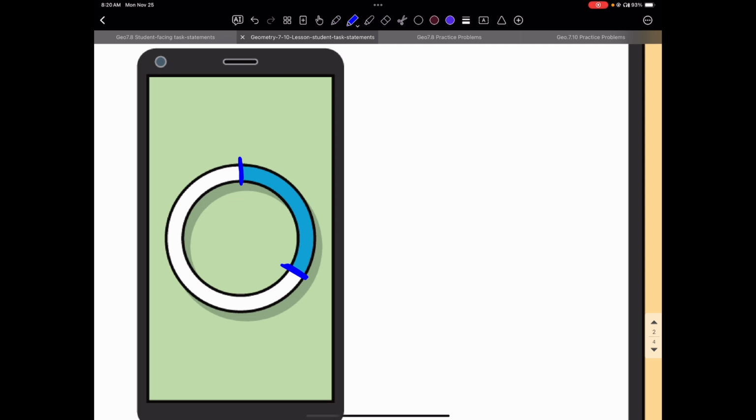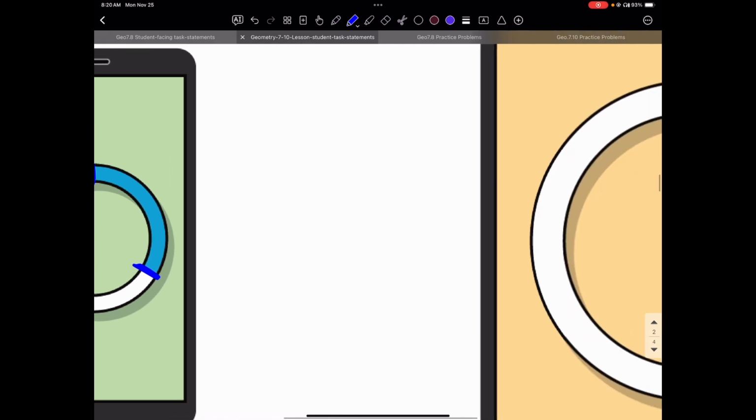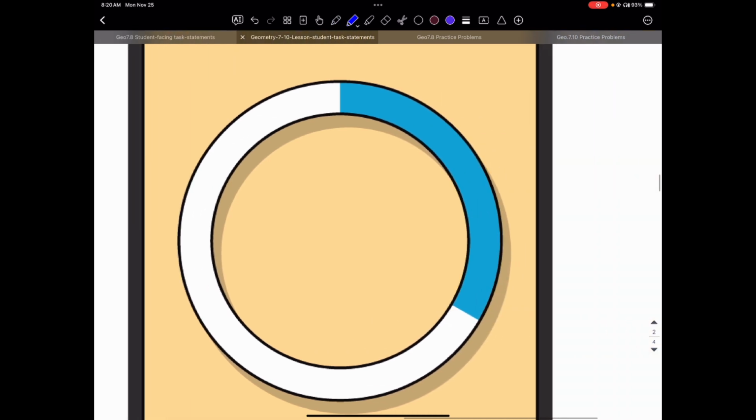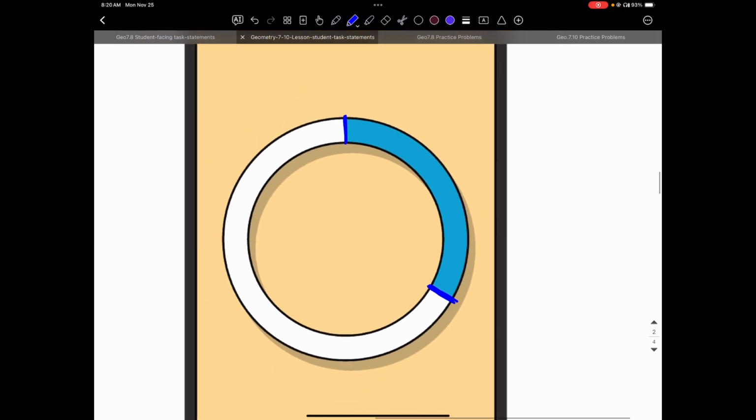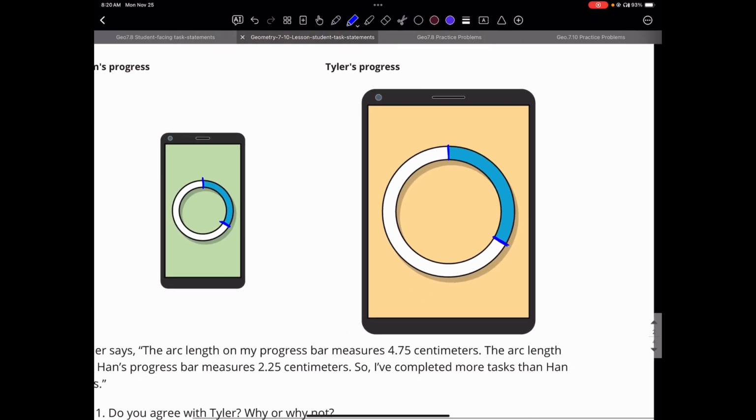Because 4 over 12 would be 1/3. Well, let's look at this one. Here's our 12 o'clock. This one also appears to be close to 4 o'clock. So it would be 4 over 12, which would be 1/3, right? So it looks like they're both a third of the way through.